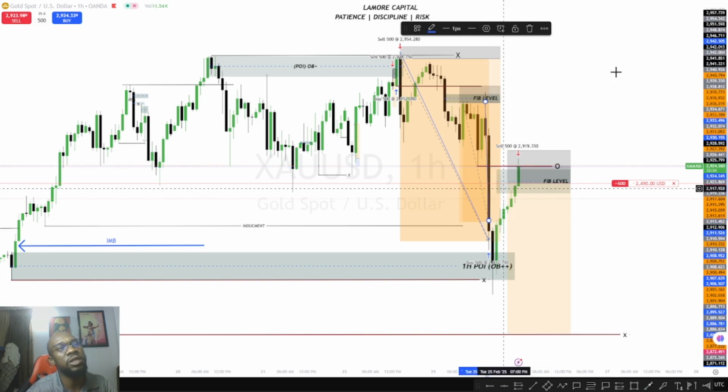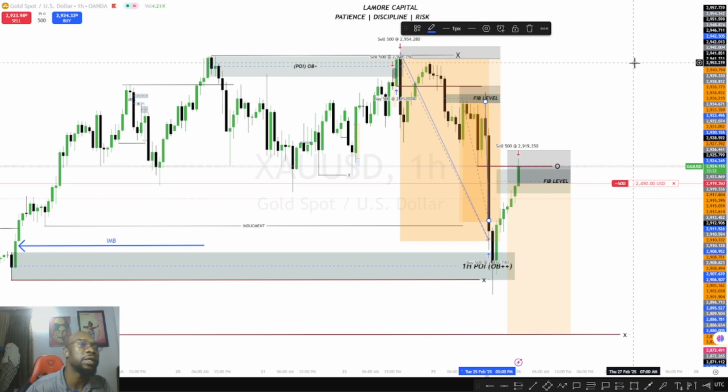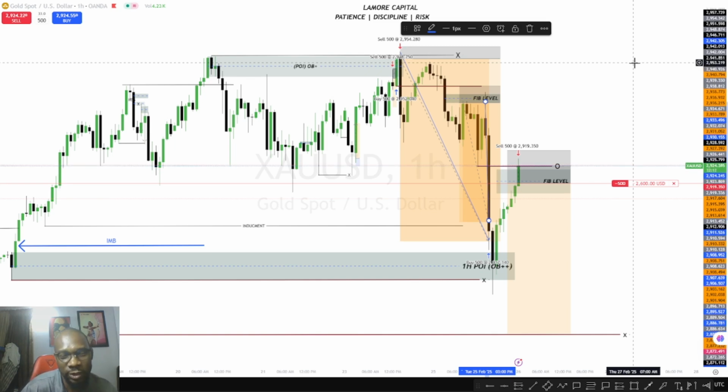There is one saying that they always say: the moment you master the art of liquidity, the art of inducement, and also the art of Fibonacci, you won't be scared to hold on to trades.